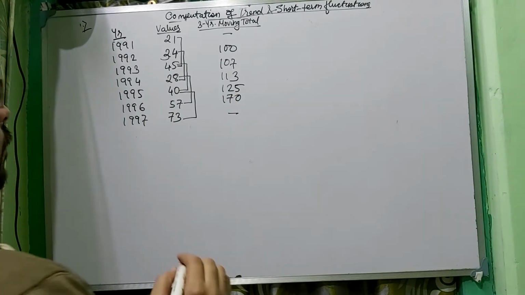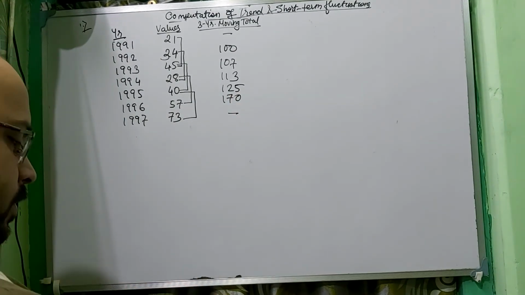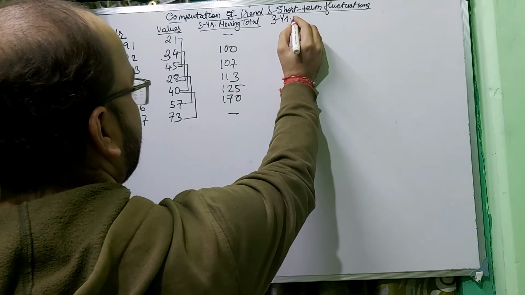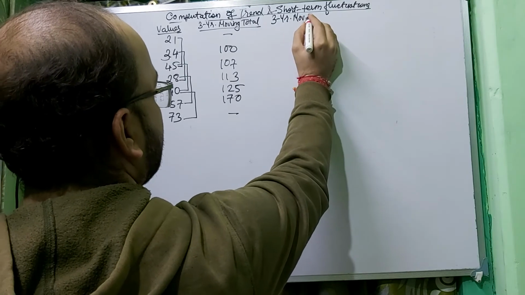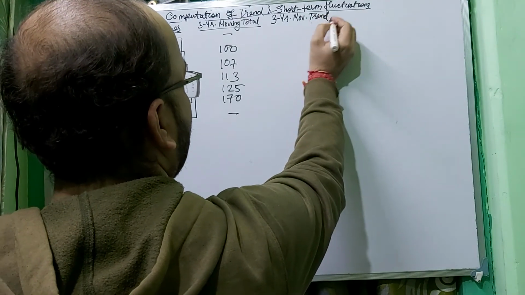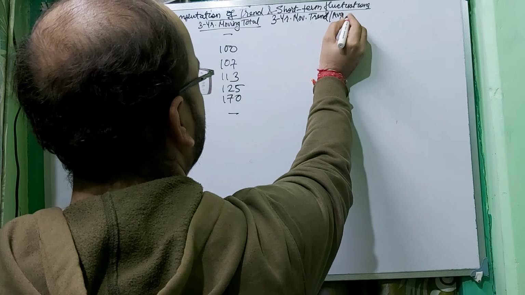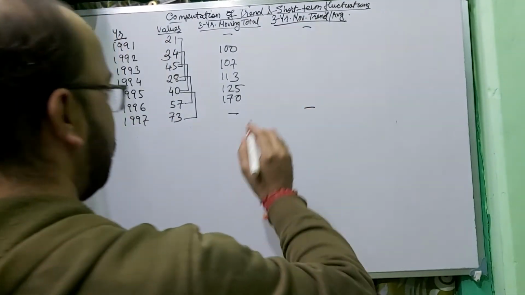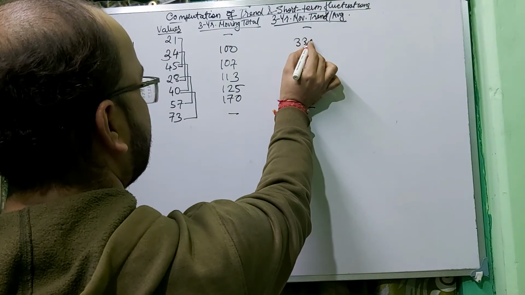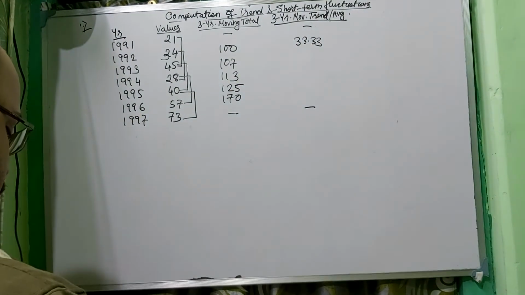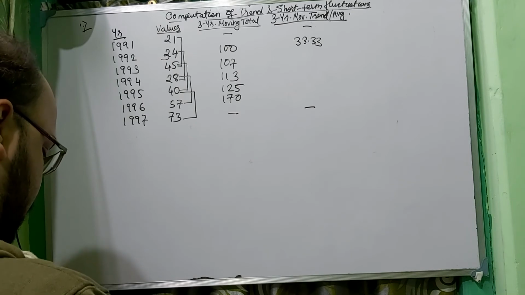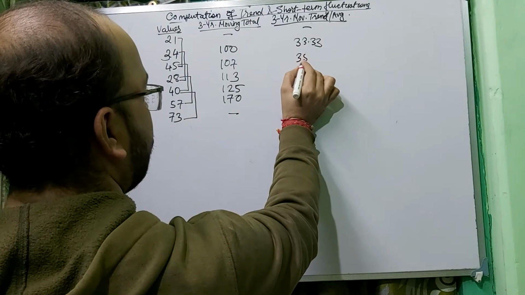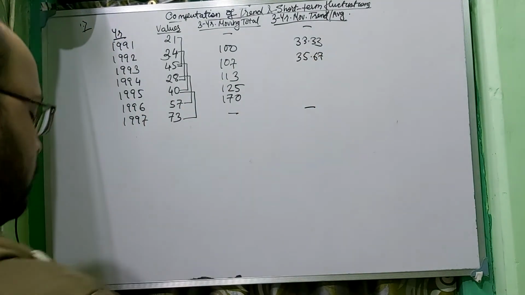Now the 3-year moving average is basically the trend. Divide by 3. 100 divided by 3 is 33.33. 107 divided by 3 is 35.67.